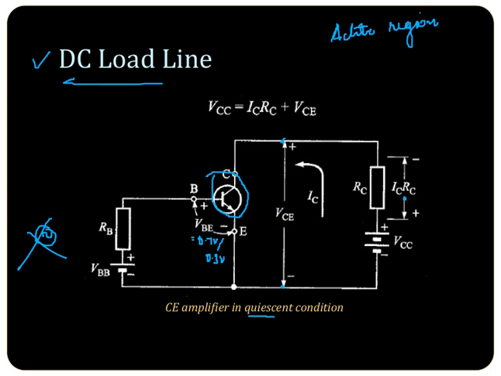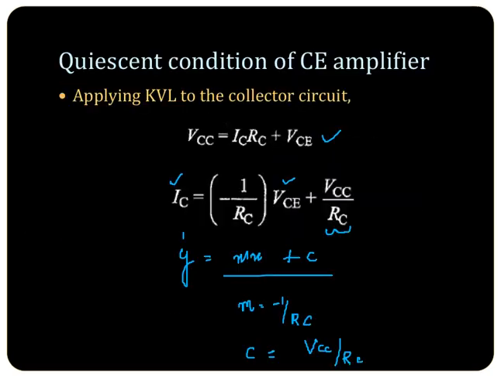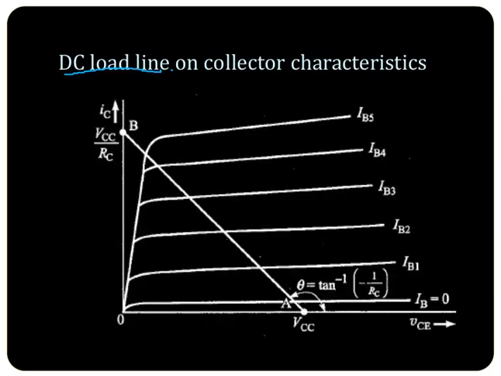This external circuit, that is the component RC, is putting a constraint, so that in this nonlinear characteristic there is a limitation imposed. So by fixing VCC and RC, we can see the operating point of the transistor in the amplifier mode, and this operating point should lie on this particular DC load line.